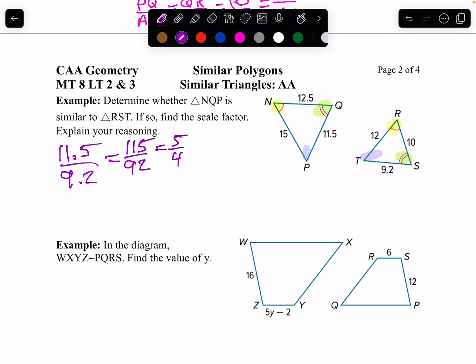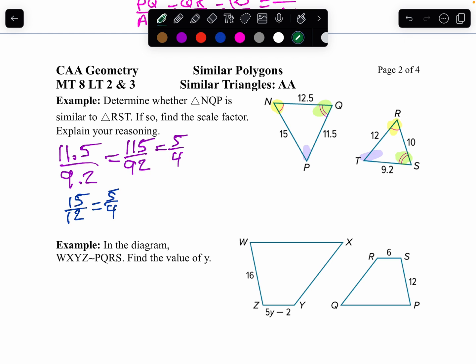Okay, now let's take a look at our next ratio. Let's do 15 is to 12. And notice that's 5/4, isn't it? Looking pretty good so far. Now let's do our third one.